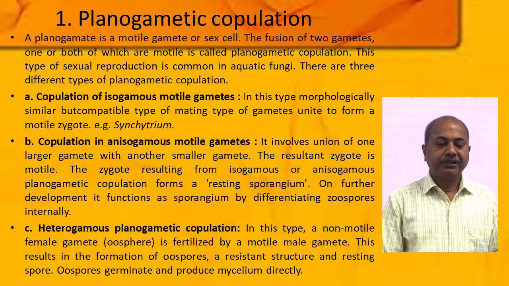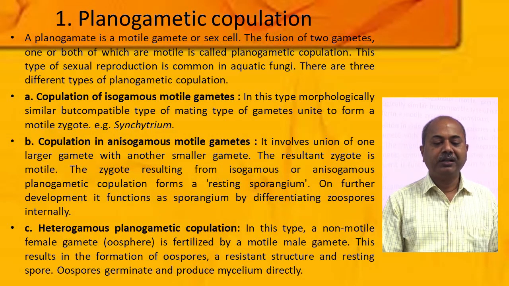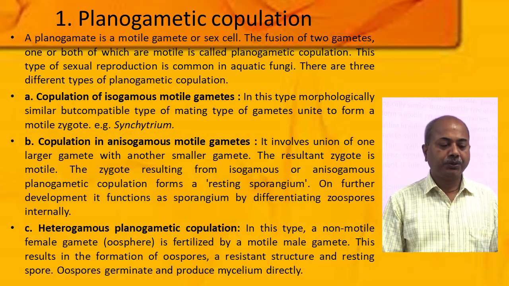In planogametic copulation, a planogamete is a motile gamete or sex cell. The fusion of two gametes, one or both of which are motile, is called planogametic copulation.